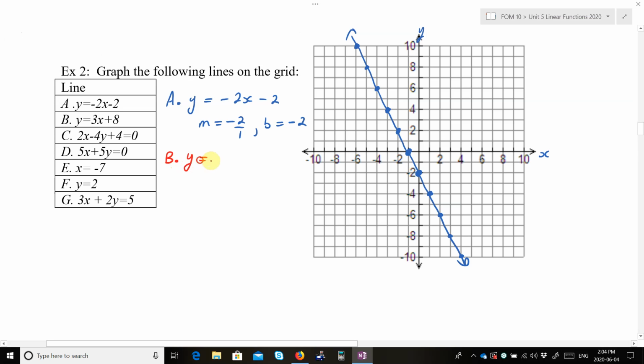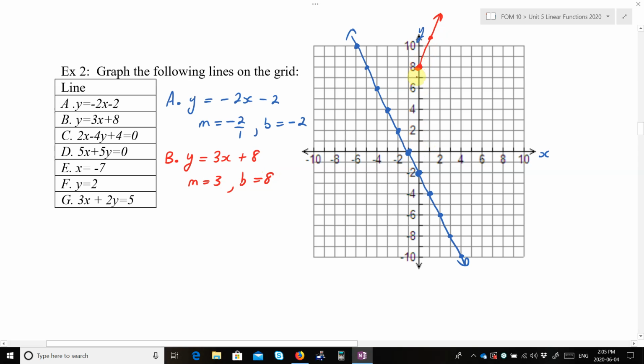Letter B, we have y equals 3x plus 8. That's y equals mx plus b. The slope is 3. B, the y-intercept, is 8. So we would go y-intercept of 8 and the slope is 3. 1, 2, 3 up, 1 to the right. And then it's going to keep going that way.